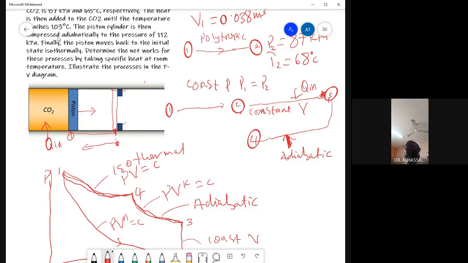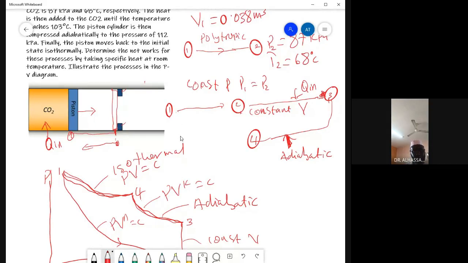And then the piston cylinder is compressed adiabatically to a pressure of 112 kilopascal, so P4 is 112.